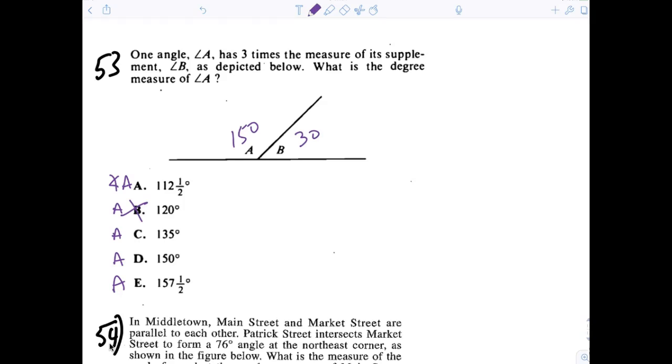So that would be 90. So that can't be the right answer. Now, I'm thinking 135. Let's try 135. If I let A be 135, then the supplement would be what? 45. And what's 45 times 3?